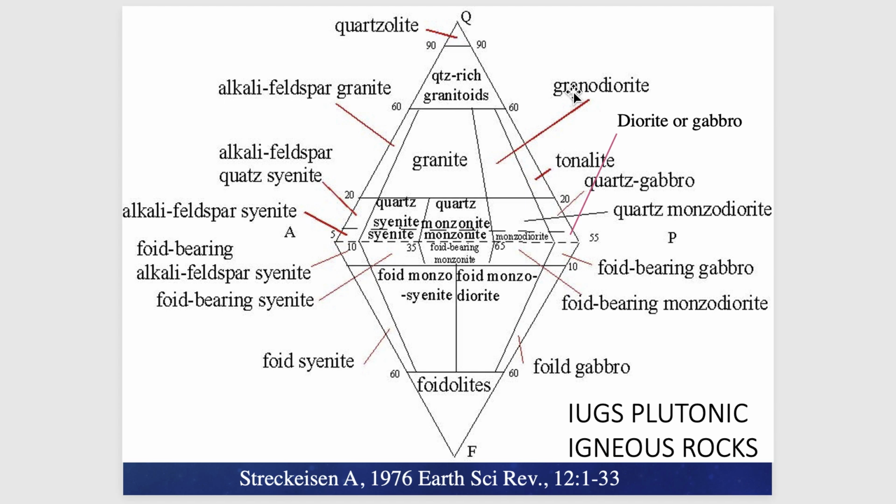Okay, and also remember, it's more a game between alkali feldspar and plagioclase. So a rock that is mostly white is more likely to be a granodiorite because of that, because you have less K-feldspar in the rock.